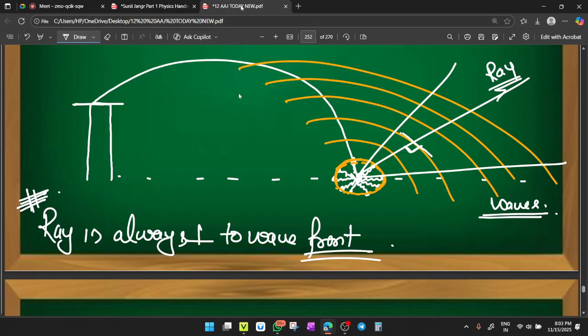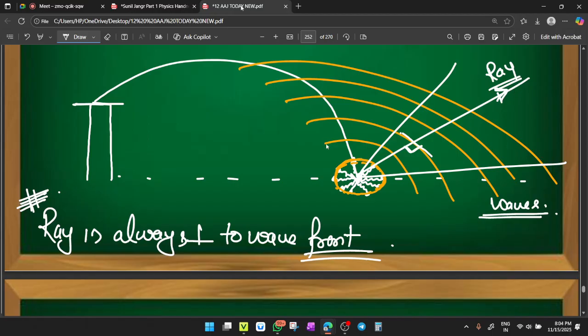Wave is the propagation of disturbance in a medium. When a disturbance is propagating, the style of propagation is called a wave, and the direction of propagation is called a ray. Clear? So when you study the ray, you study the direction of propagation.